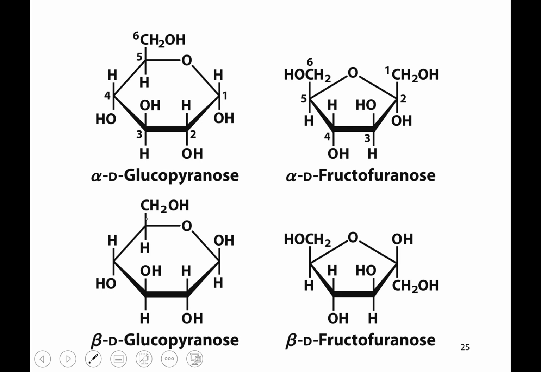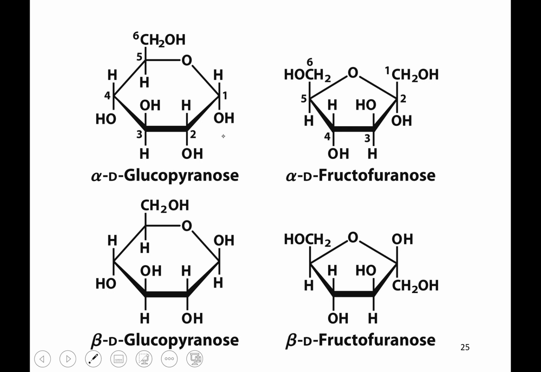Alpha D glucopyranose. Okay, there's a lot to unpack there. The first place we start is alpha. That means the anomeric carbon is in the alpha anomer, right? So we have CH2OH up and OH down. That's sort of quasi-trans, so that's the alpha anomer.